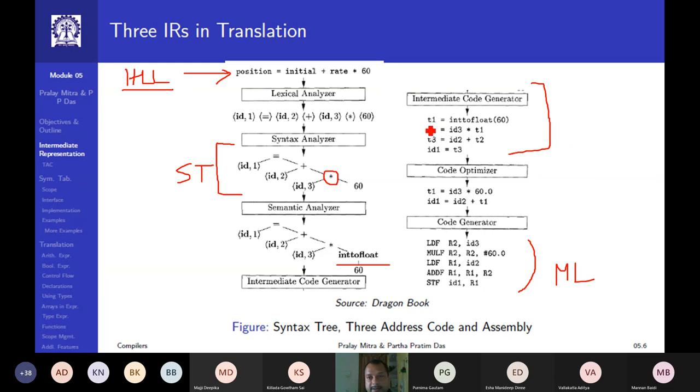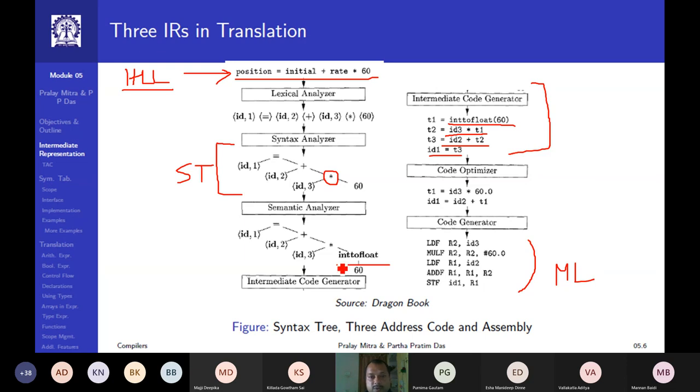The only property you can look at right now is that these are very simple statements with only one operation, either assignment, binary addition, binary multiplication, or integer to floating point conversion. These simple expressions combine to the high level specification, position equals initial plus rate multiplied with 60.